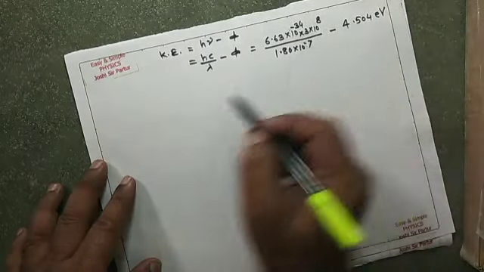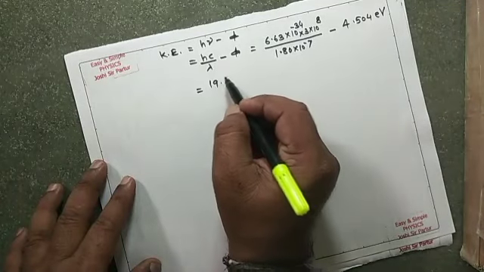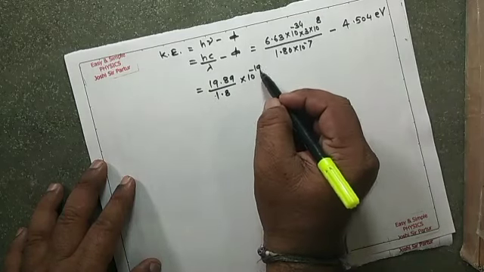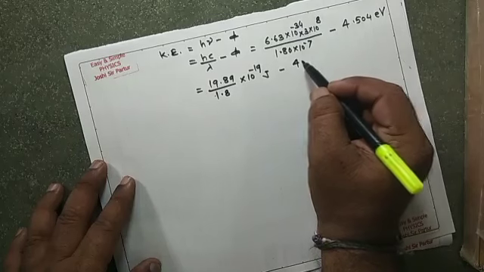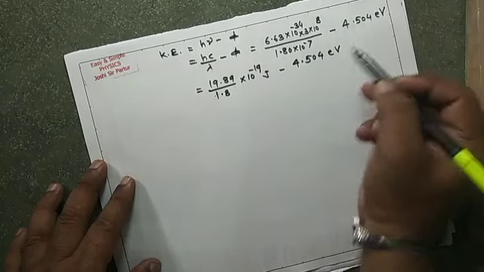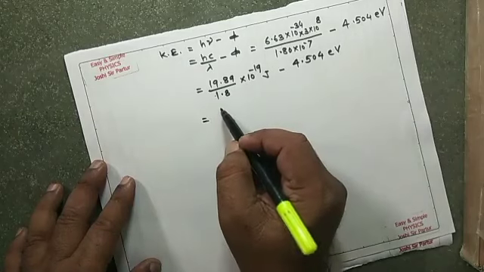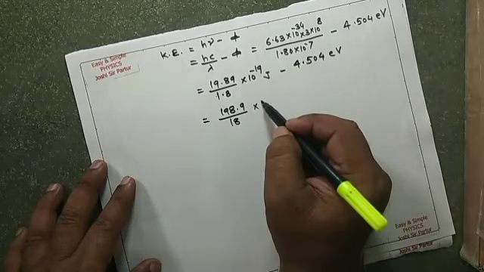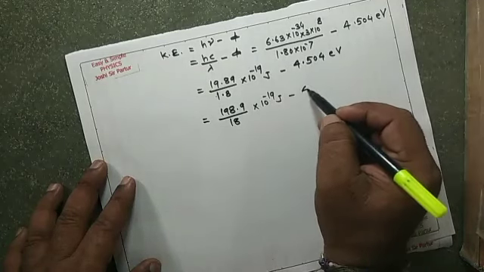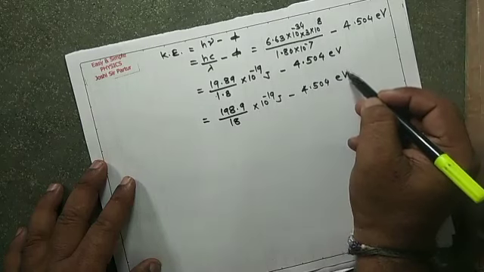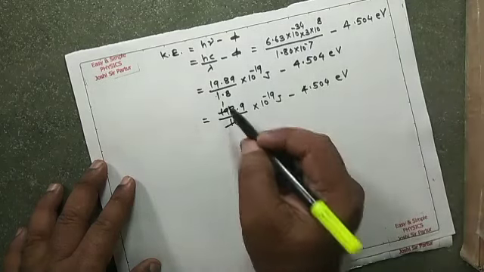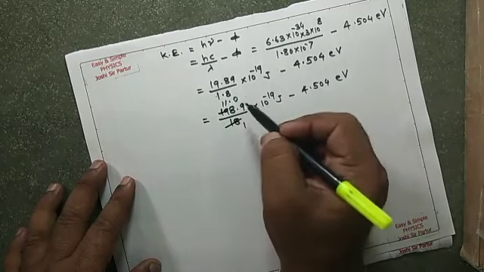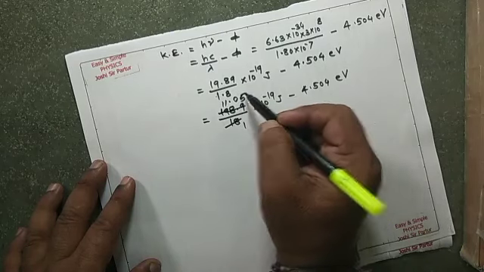So here when 7 is shifted, it is 19.89 upon 1.8 into 10 raised to minus 19 joule minus 4.504 electron volt. When the decimal point is shifted, that is 198.9 divided by 18 into 10 raised to minus 19 joule, minus 4.504 electron volt. 18 ones are 18, 18 ones are 18, 1 is remaining, 0.090 will be there. So 18 fives are 90.